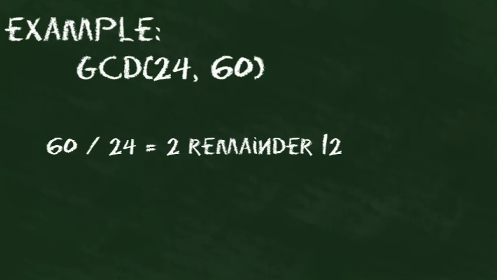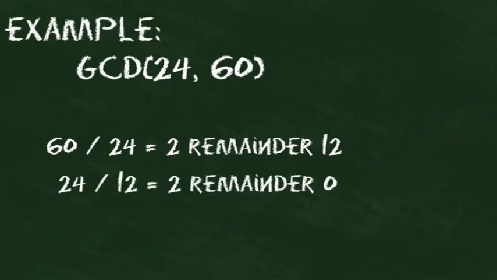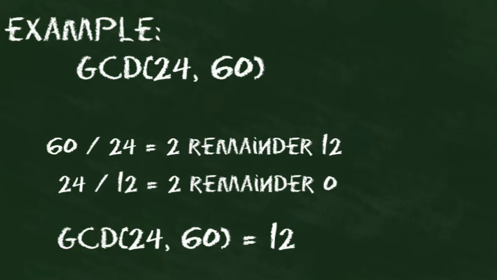In this case, we divide 60 by 24 to get a quotient of 2 and a remainder of 12. Next, we divide the smaller number, 24, by the remainder from the last division, which is 12. So 24 divided by 12, we get a quotient of 2 and a remainder of 0. Since we already got a remainder of 0, the last number that we used to divide is the GCD, which is 12.